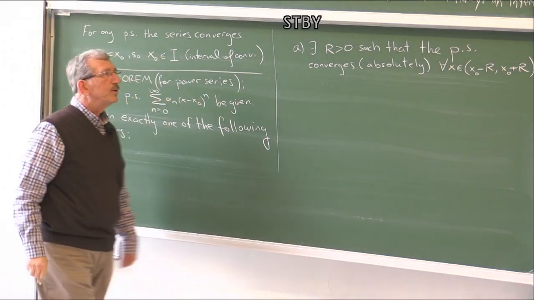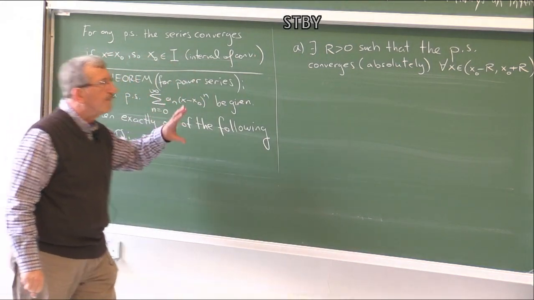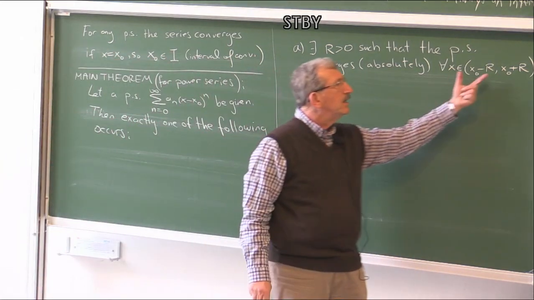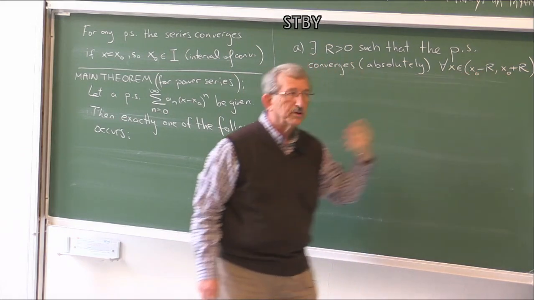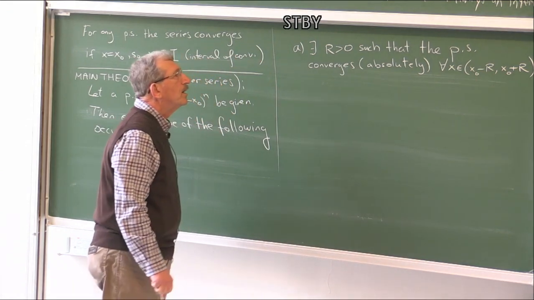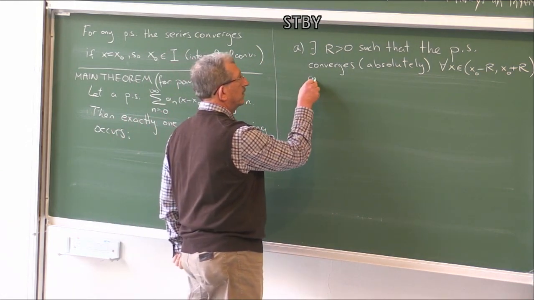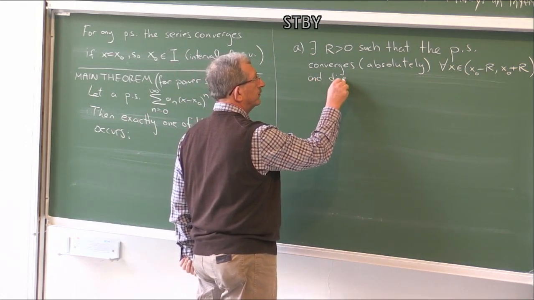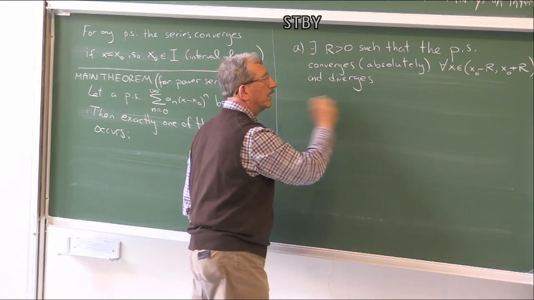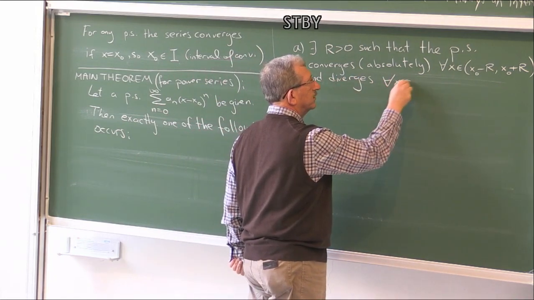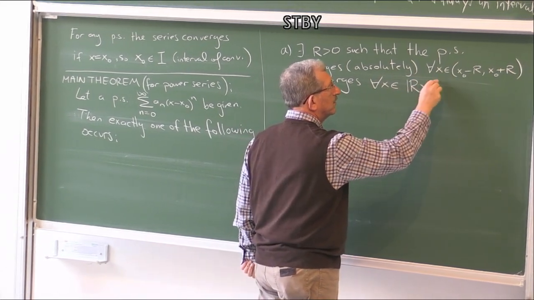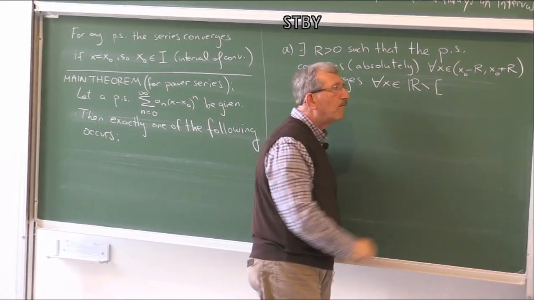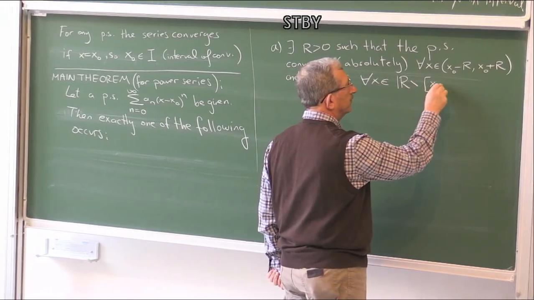So we see that the convergence happens in a symmetric way around x0. So it will become an interval anyway. And it diverges for every x in the complement of the closed interval here.